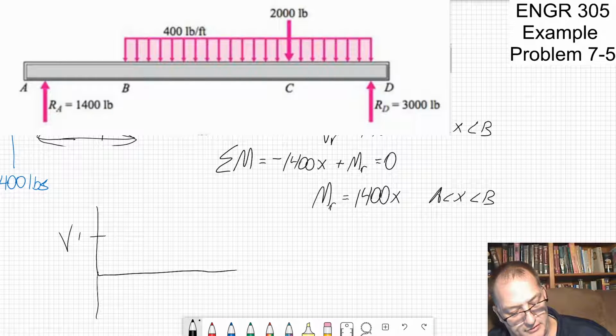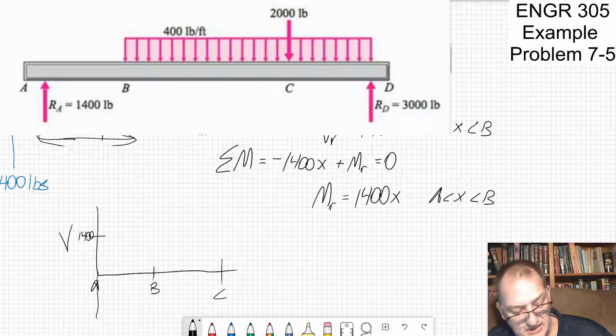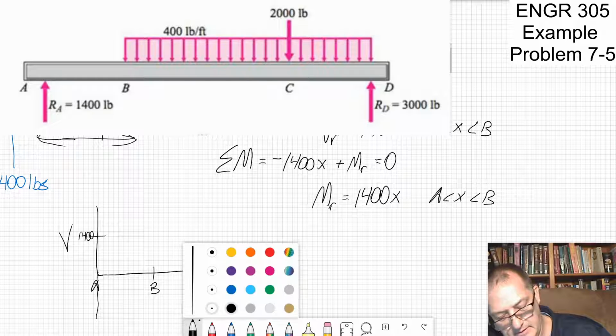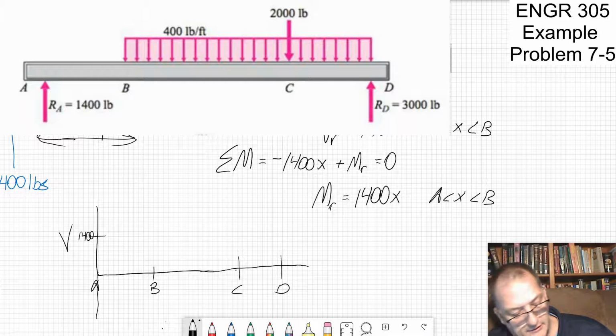I would start out at 1,400, and this is A, and I've got B here, and I've got C over here. Actually, the distance from B to C is 4 feet, so maybe I should go a little bit farther. C and then D, for this section, it's right here.